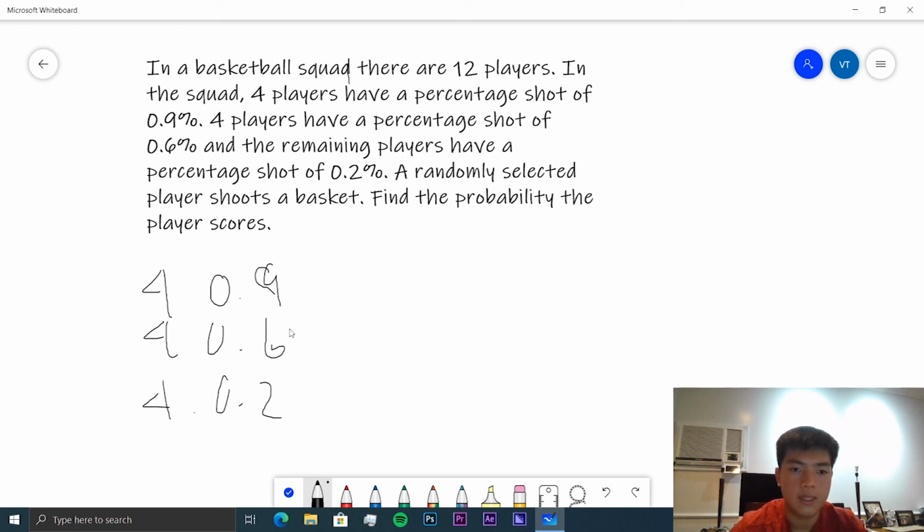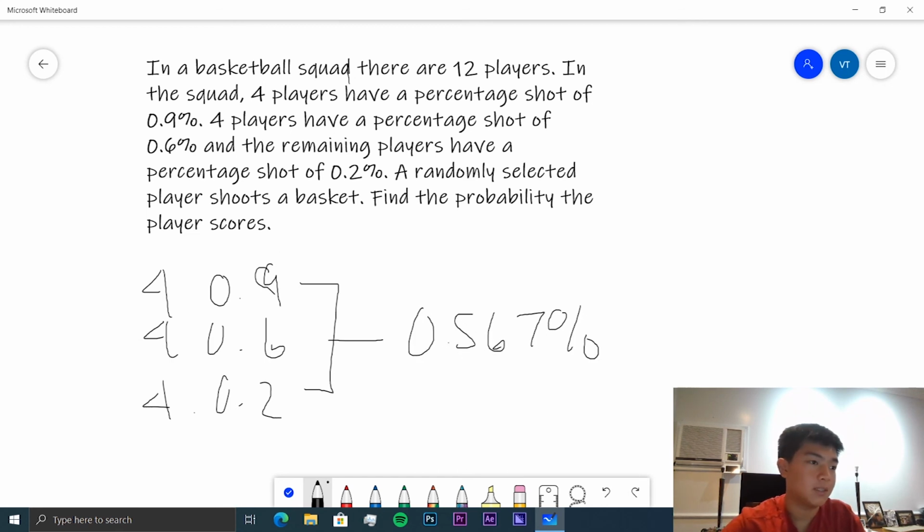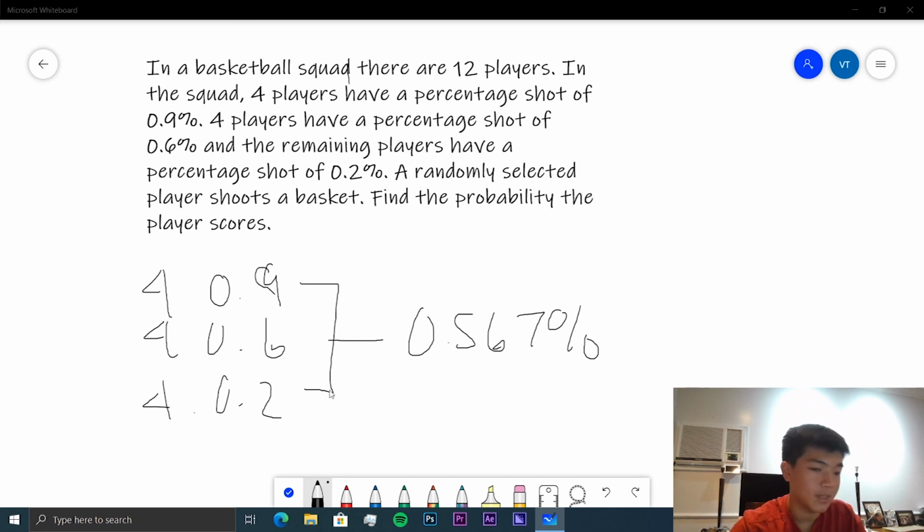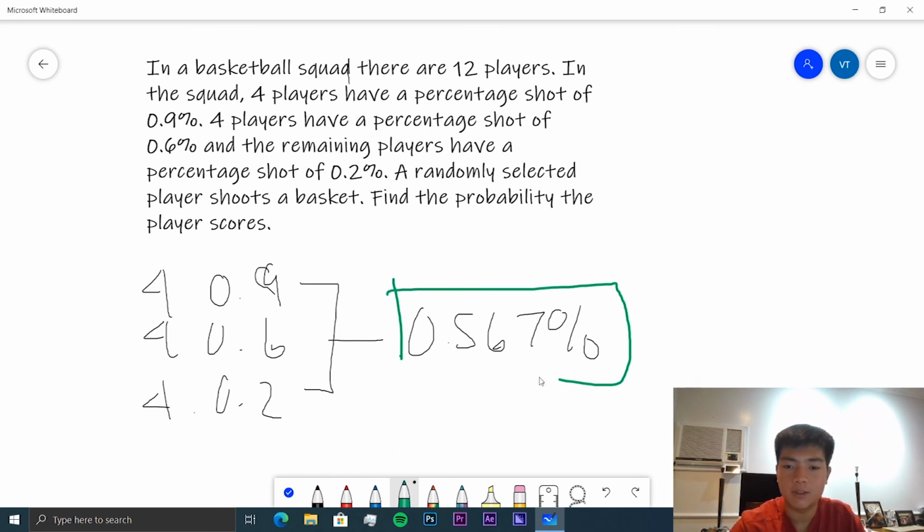So to get the probability for a random player, we would expect them to shoot the average percentage, which is 0.9 plus 0.6 plus 0.2 divided by 3, which is 0.567%. Yeah, it's actually correct. It's just 0.567%.